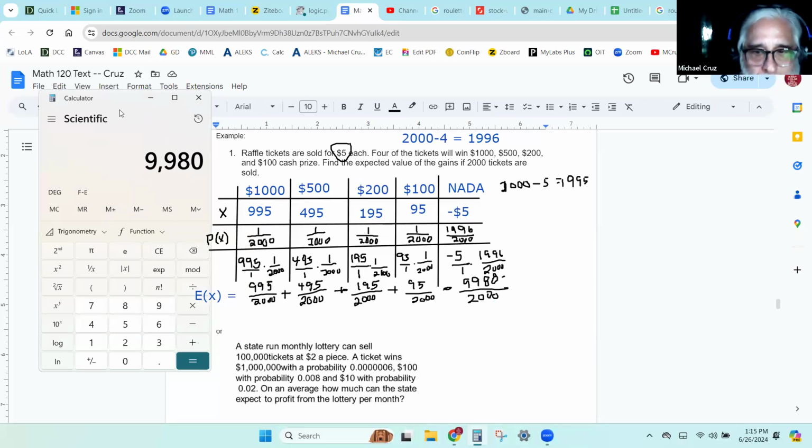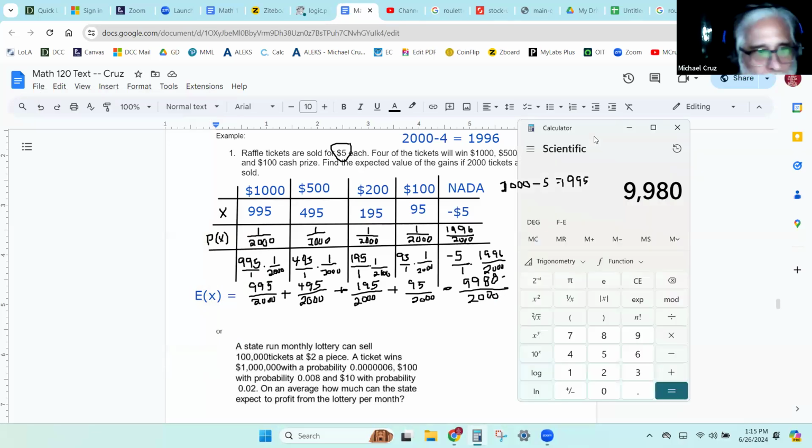All right, so I'm just going to add up the 4 positive ones, the 995 plus the 495 plus the 195 plus the 95, and that gives us 1,780.